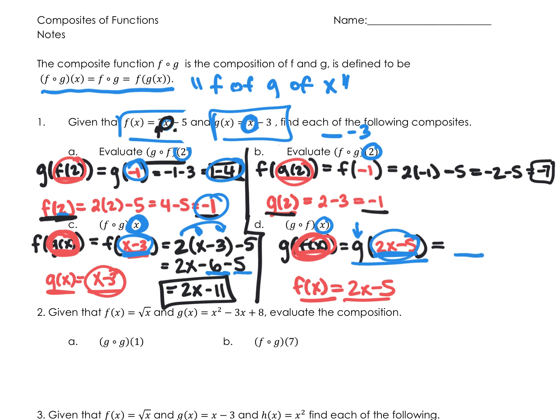So you're going to put 2x minus 5 in that blank where the x was. Then we can simplify. We can just have 2x minus 5 minus 3. We can combine these two like terms. We can't add the x to x, it's its own term. But minus 5 minus 3 will combine to be minus 8. So that's your final answer.